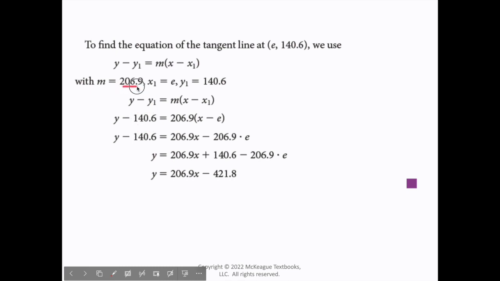And then the slope is 206.9. Now, when we expand this and add 140.6 to both sides, we will have our slope-intercept form. So this is point slope form. This is y-intercept form. So this would be the equation of our tangent line. Either one of these would work.